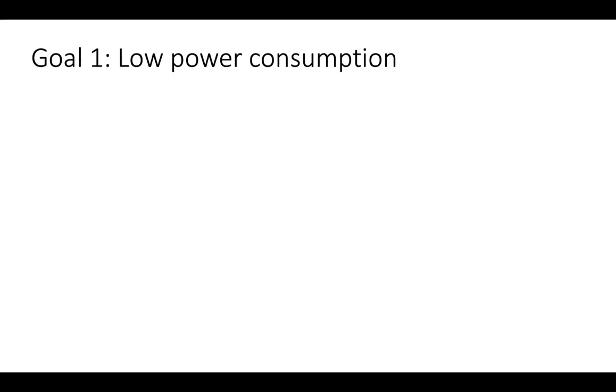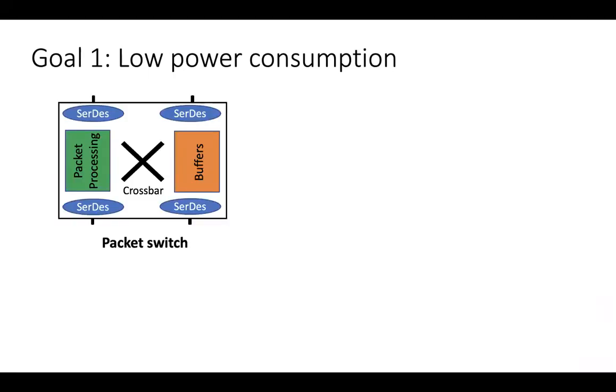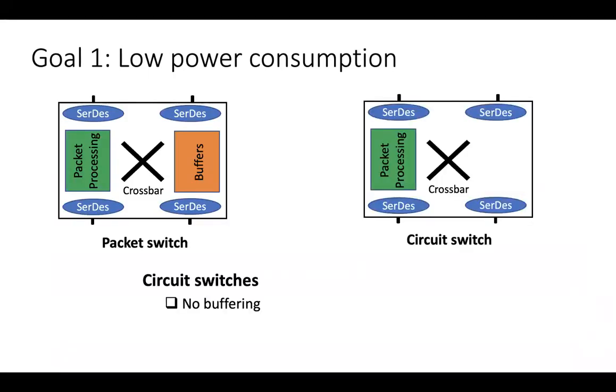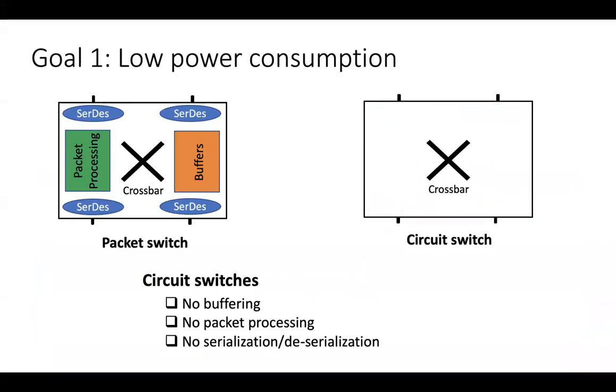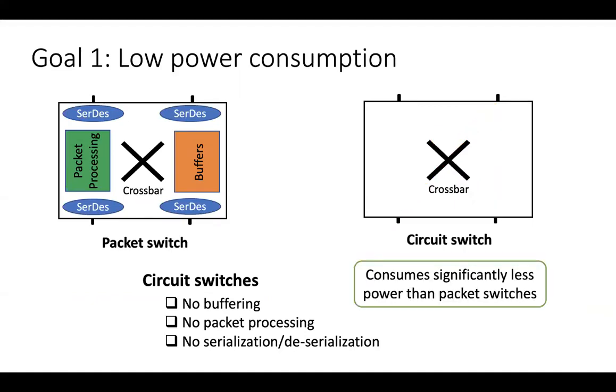Unlike packet switches, circuit switches have no buffers, no packet processing pipeline, not even a serialization, deserialization circuit. All they really have is a crossbar, which is used to set up connections between its input and output ports, also known as circuits. As a result, a circuit switch consumes significantly less power than packet switches.